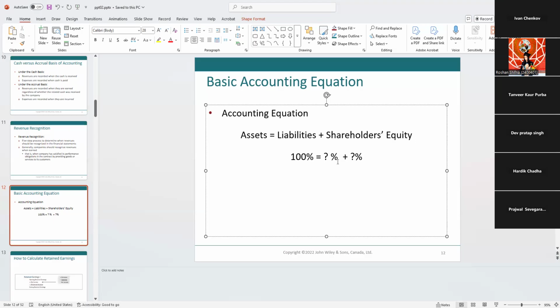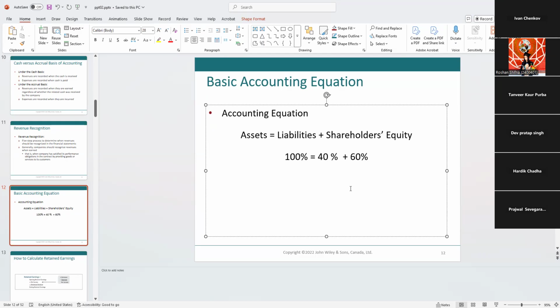Now, liability and equity have to be equal to 100. If the assets are 100%, obviously the liability and shareholders' equity should also be equal to 100%. So let's say if the liability is 20%, the equity should be 80%. Or if you know that the equity is only 60% of all the assets, then you know that liability is 40%.